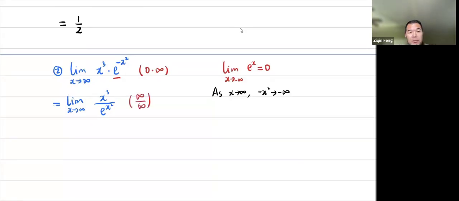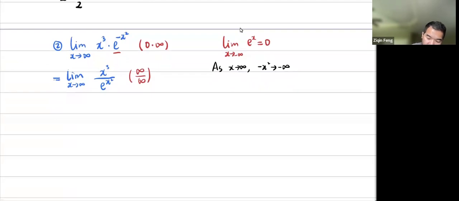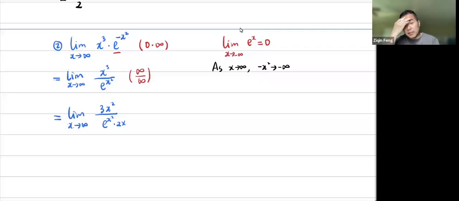So if such a limit exists, by L'Hopital's rule, the limit should equal the limit of the new function obtained by differentiating numerator and denominator separately, right? So this is equal to 3x squared over e to x squared times 2x. We have to apply the chain rule on the differentiation of the denominator.